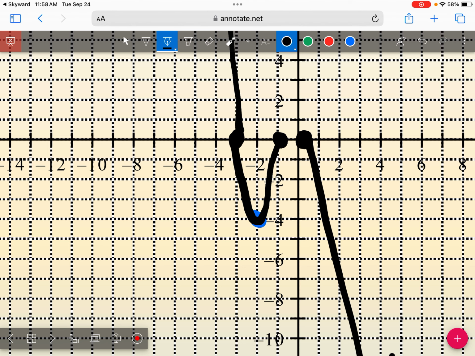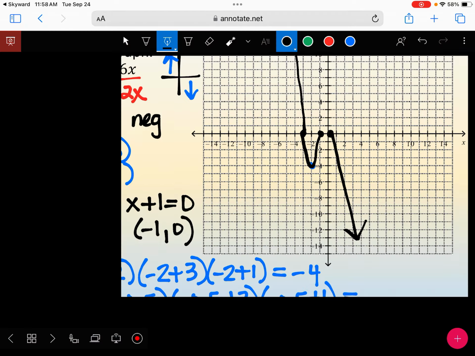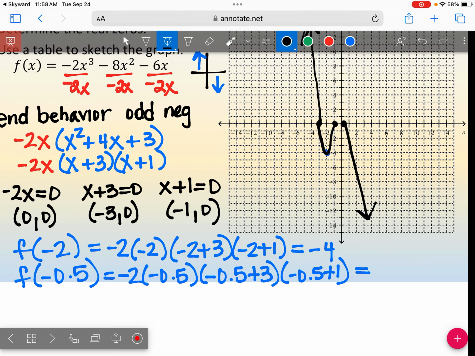All right, and now we need to put in negative 0.5. What you get for negative 0.5? 1.25? Who got something around 1.25? All right, I'm gonna round that to 1.3.